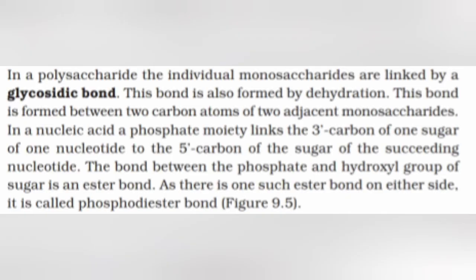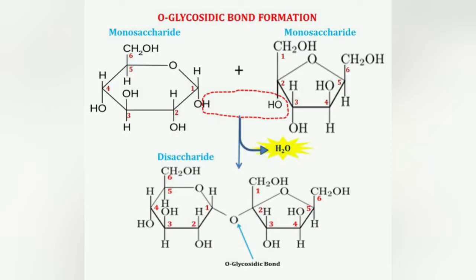In a polysaccharide, the individual monosaccharides are linked by a glycosidic bond. This bond is also formed by dehydration. This bond is formed between carbon atoms of two adjacent monosaccharides. Here we can see from the first monosaccharide hydrogen and from the second a hydroxyl group, both combined as a water molecule, are removed and a disaccharide is formed.